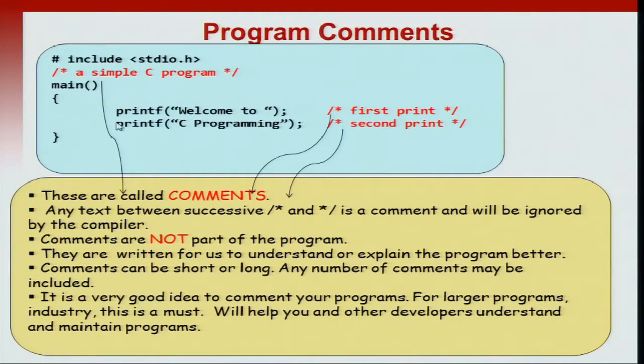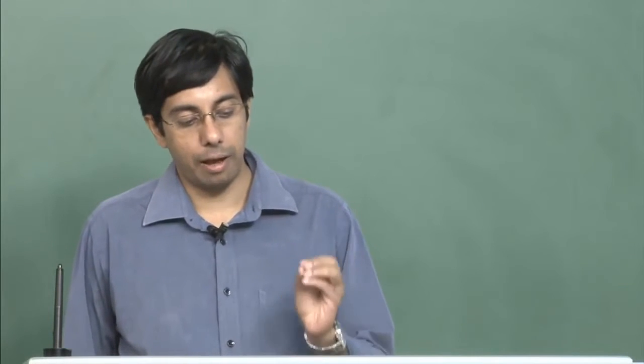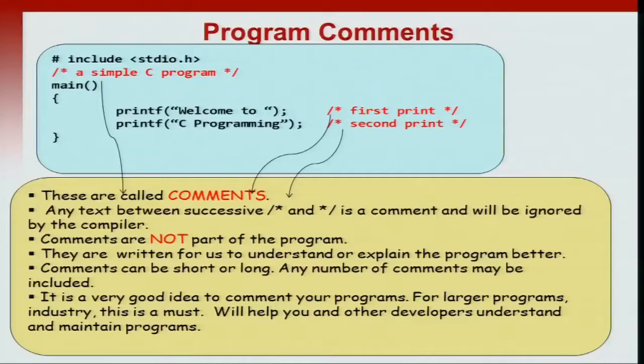Any text between /* and then later followed by a */. So, any text between successive /* and */ is a comment, and it will be ignored by the compiler. So, as far as the compiler is concerned, a code with comments is the same as a code without comments. It does not affect the logic of the code. So, comments are not part of the program.